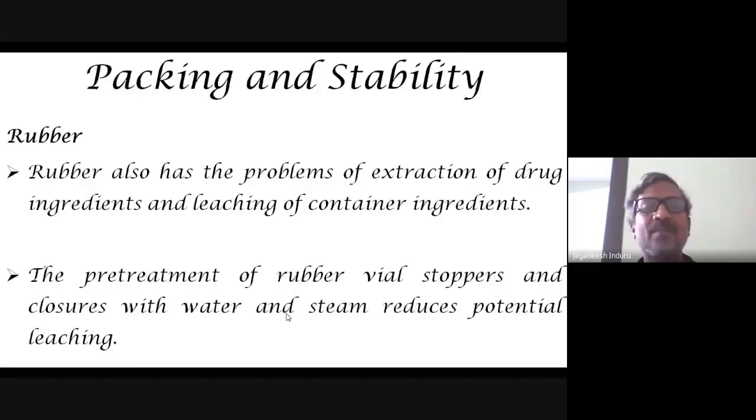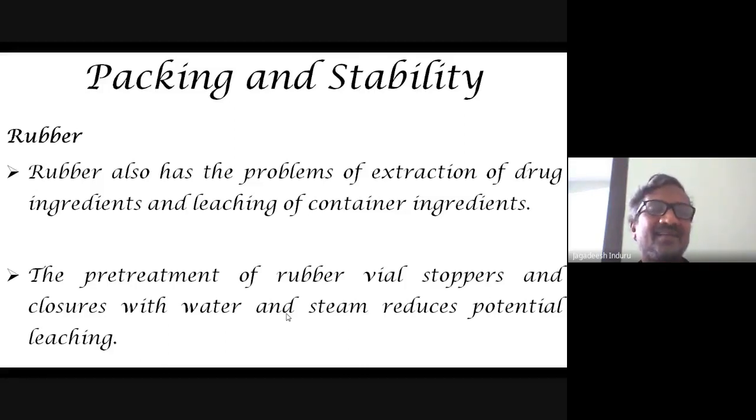So there is a problem of extraction of the drug ingredients and leaching of the rubber components into the product. Both will be present. It means it can absorb some of the product present in the dosage form, and it will leach some of its components into the dosage. Both are problematic. When we were playing in childhood, if you kept rubber caps or anything in kerosene or petrol, it would swell to 3 to 4 times, very much bigger in nature.